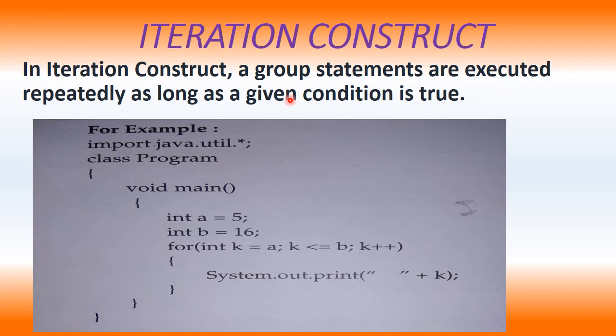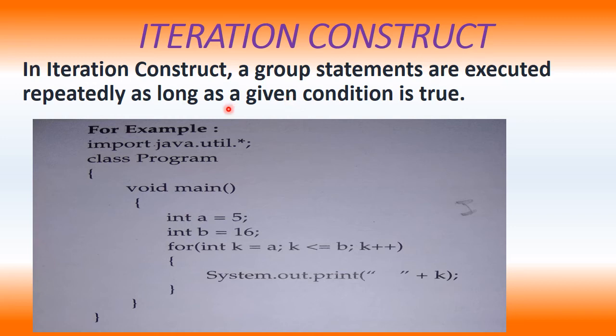Suppose you have to welcome 100 guests, so you will say welcome, welcome, like 100 times you will repeat it. Means how many times? 1 to 100. When 100 is over, then you will stop saying welcome. So the same statement you have to repeat till the time the condition is true.